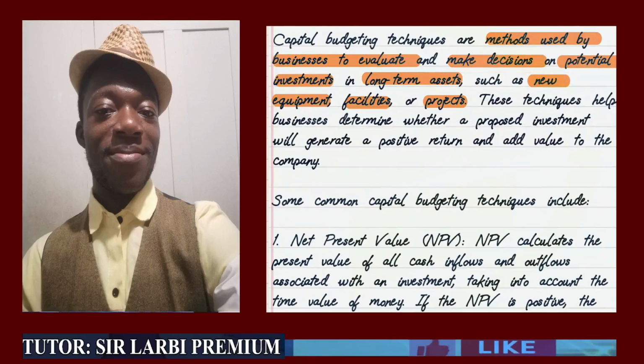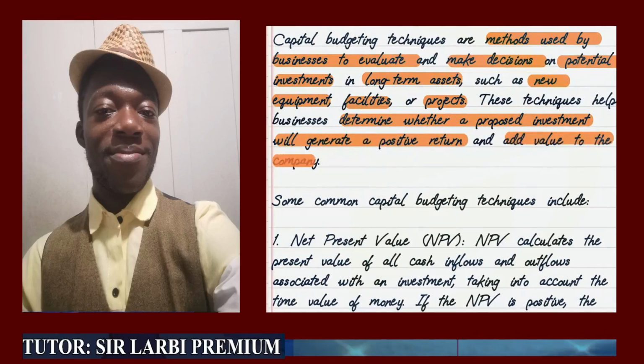These techniques help a business to determine whether a proposed investment will generate a positive return and add value to the company. So that is what capital budgeting techniques are all about, right?